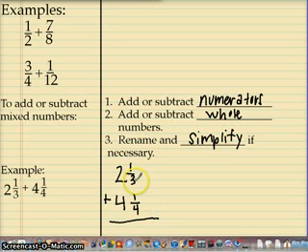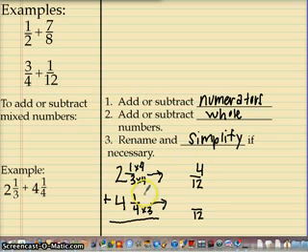We know that 3 and 4 will both divide evenly into 12. Three times 4 is 12, so 1 times 4 is 4. 4 times 3 is 12, so 1 times 3 is 3.